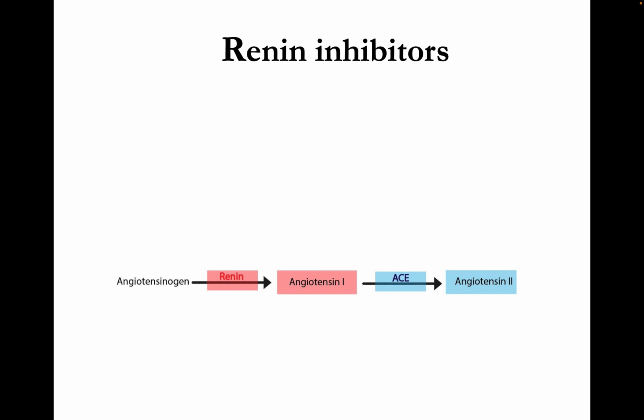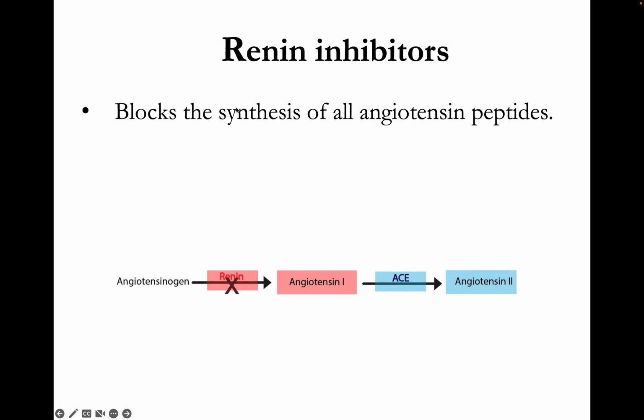Renin inhibitors target the renin, so they block the synthesis of all the angiotensin peptides because they block its function. An example of the drug is aliskiren.